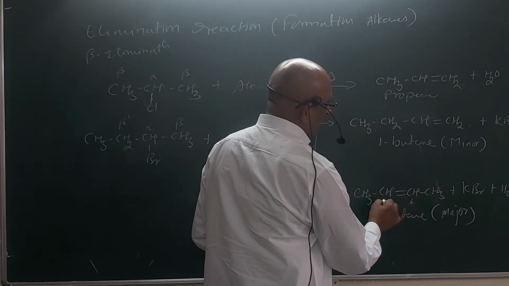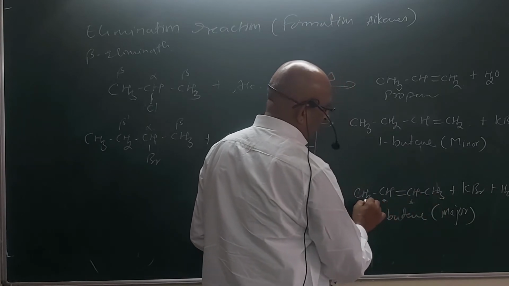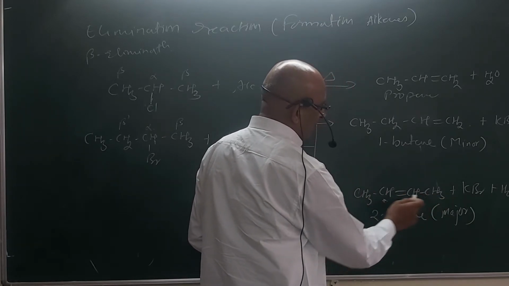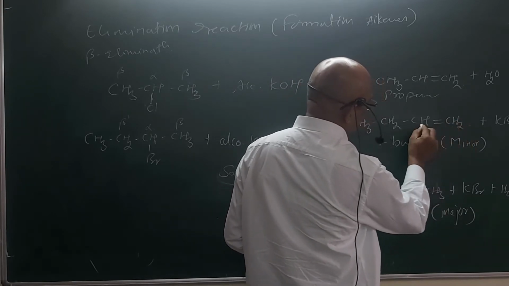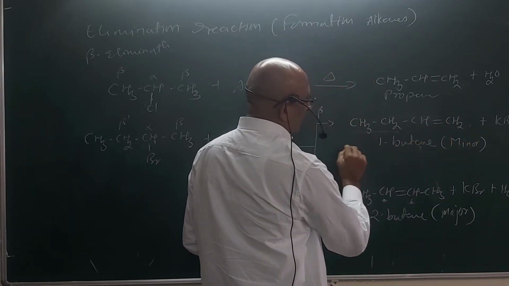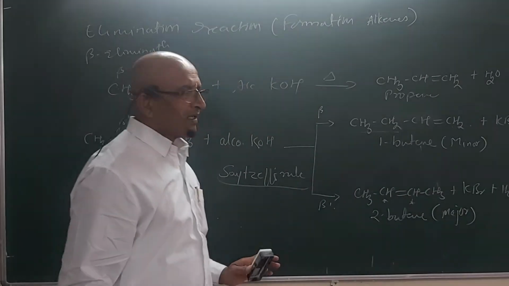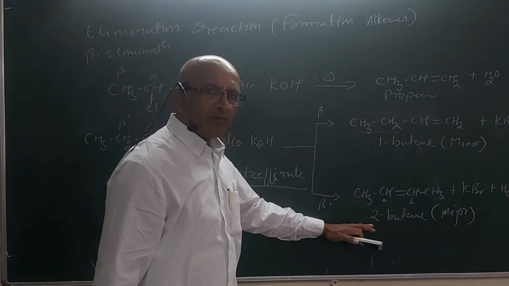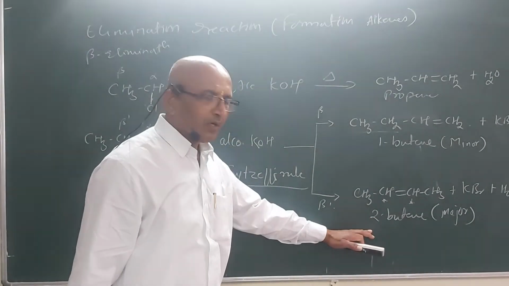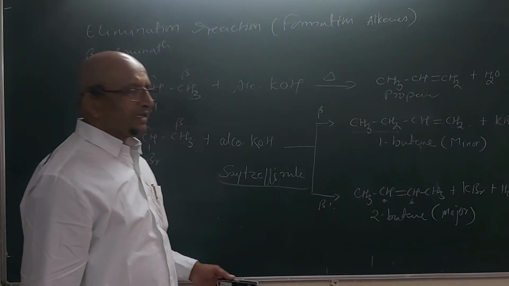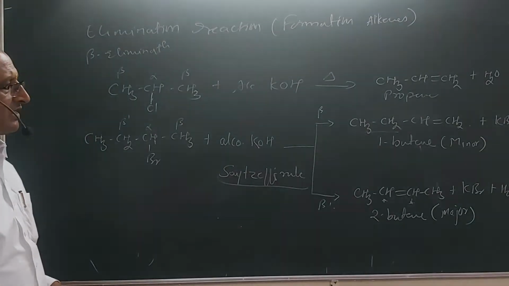Both of these carbons contain alkyl groups; there are two alkyl groups attached, one to this and one to this. But in this molecule, there are two hydrogen atoms and only one alkyl group, which means this is the less substituted alkene. The more the number of alkyl groups in the alkene, the more substituted the product, and so this is obtained as the major product according to Saytzeff's rule.